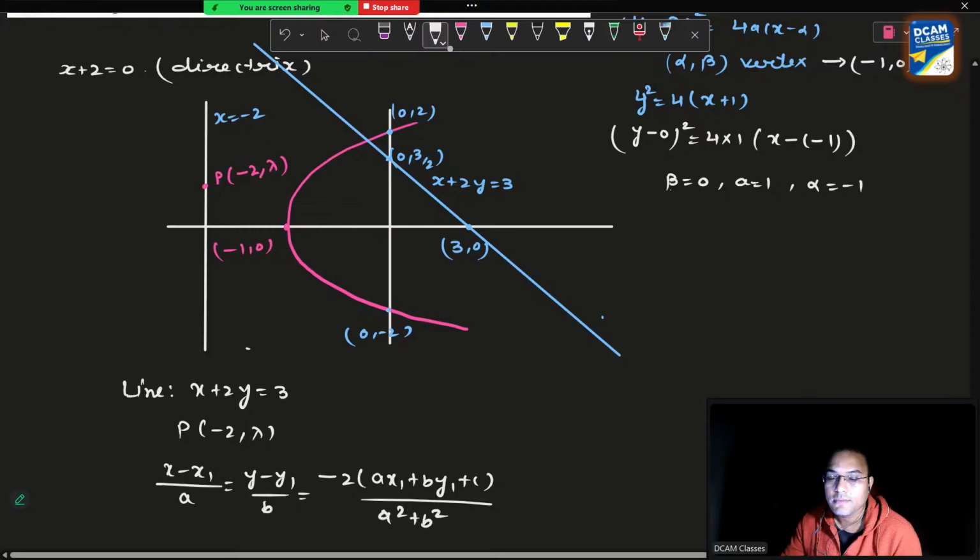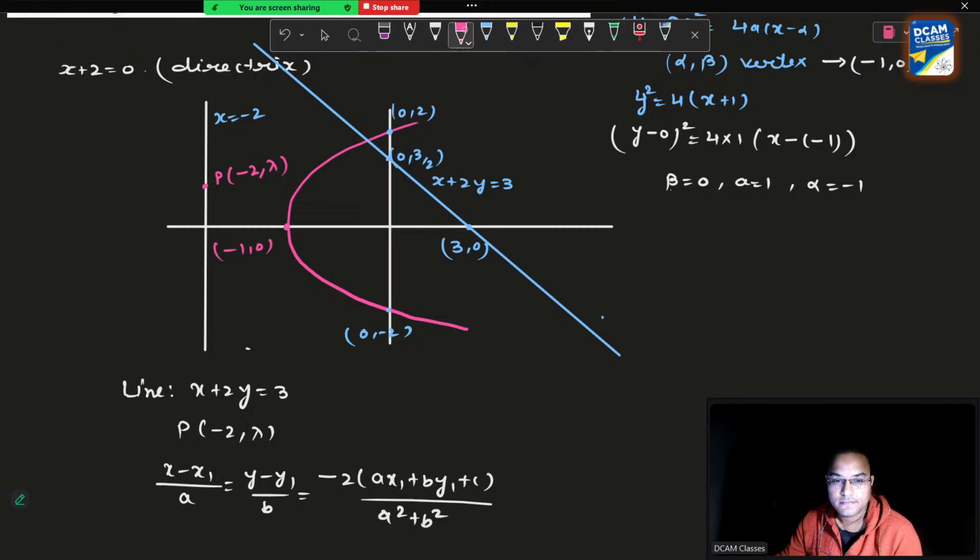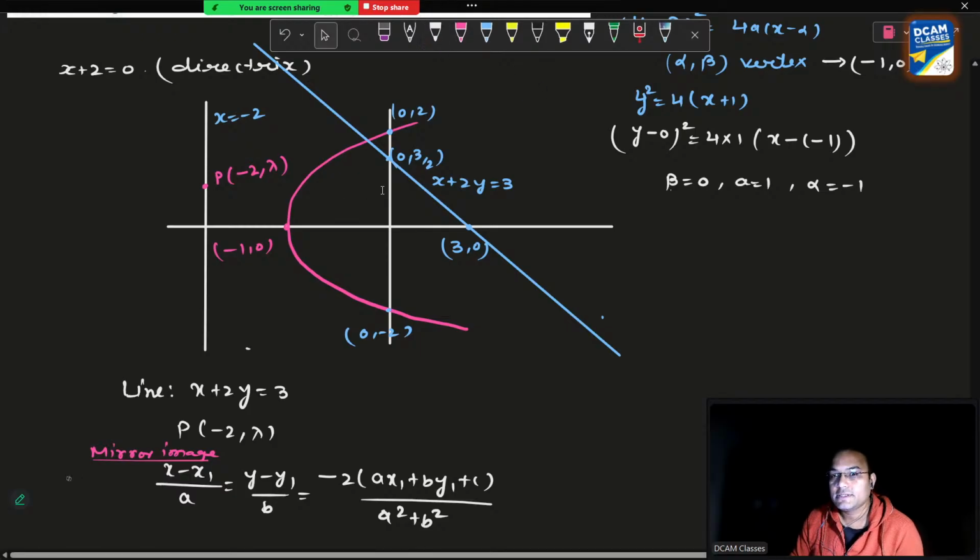Do you remember this formula? The mirror image formula. I have told you the reflection formula, and also given one for the foot of perpendicular. This is with respect to the line ax plus by plus c.